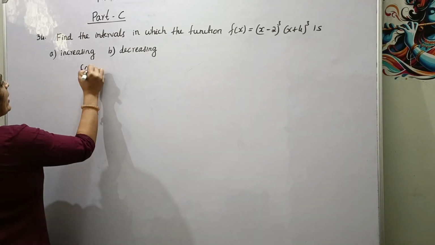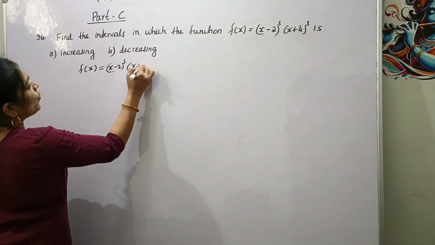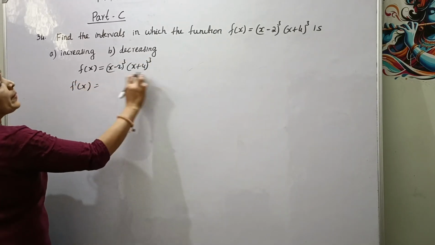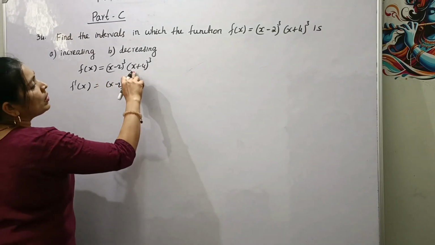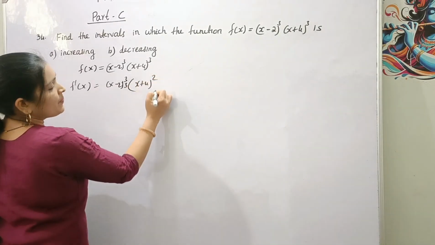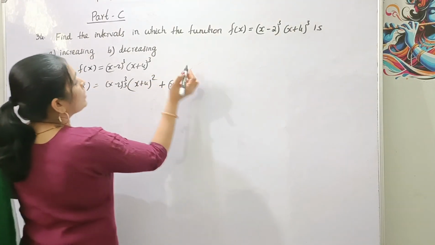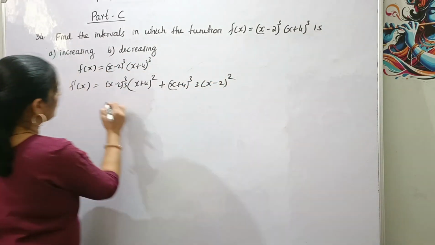Given function f of x is equal to (x minus 2) whole cube into (x plus 4) whole cube, right? Find f dash of x, apply product rule. First function (x minus 2) whole cube into 3 into (x plus 4) whole square, plus (x plus 4) whole cube into 3 into (x minus 2) whole square.